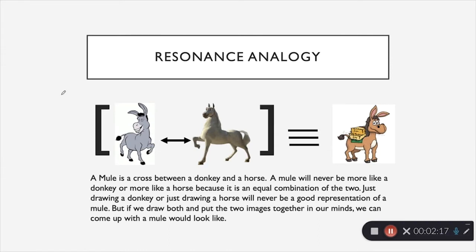If someone were to just draw a donkey or just draw a horse, that would not accurately represent what a mule is. But if we draw both images, a donkey and a horse, and put brackets around them and arrows between them, we know that that's saying that the actual image, the mule, is going to be a perfect meshing together of the two.